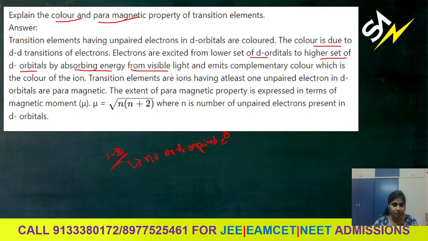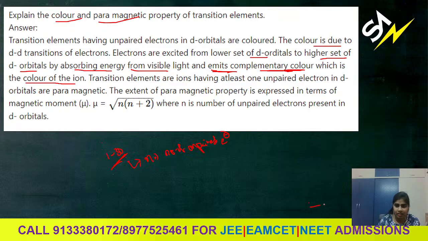After reaching the excited state it is highly unstable and it will return back to the ground state. During this return it emits the energy which was taken in its excitation. During this emission there is a complementary color exhibited by the metal, that is the color of the ion.